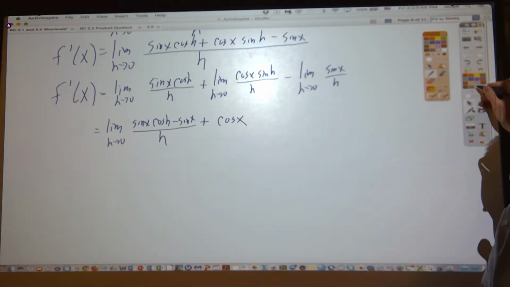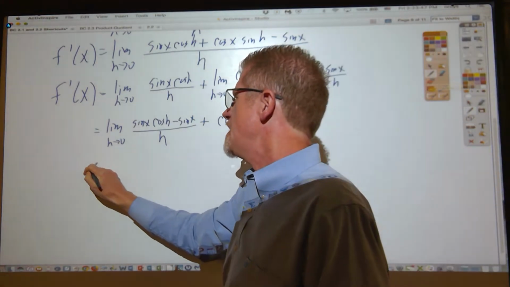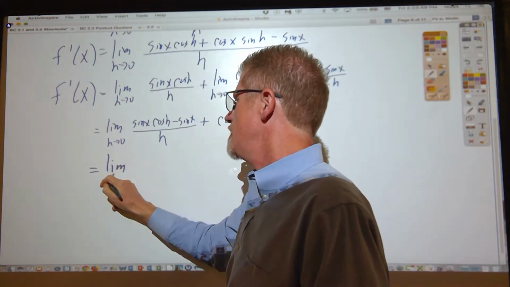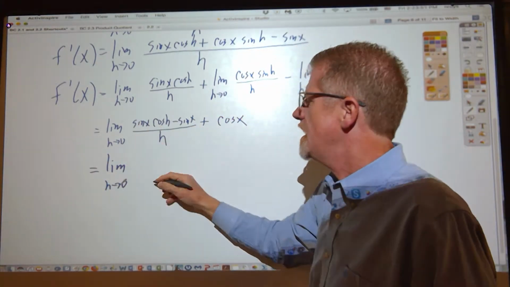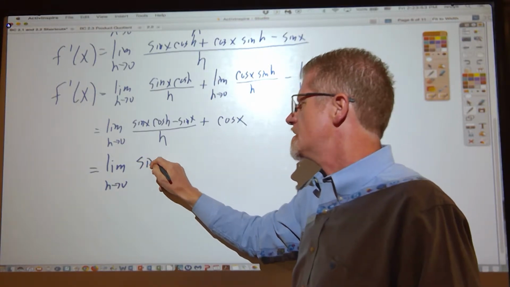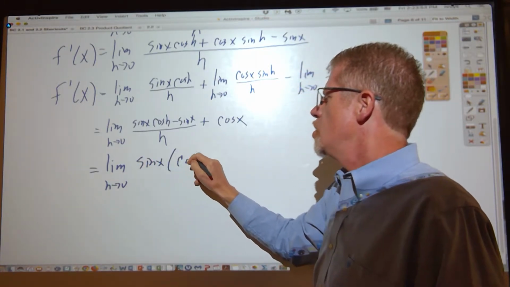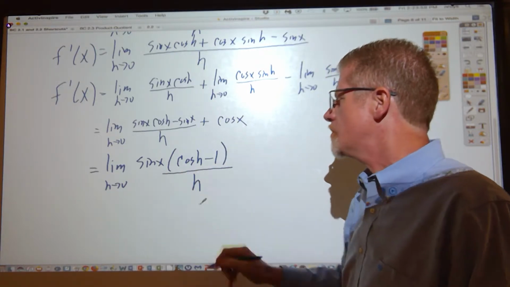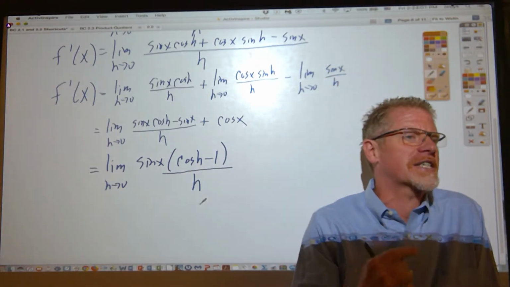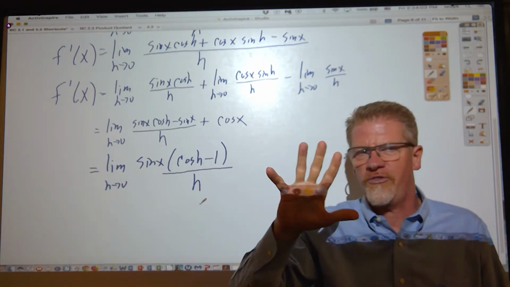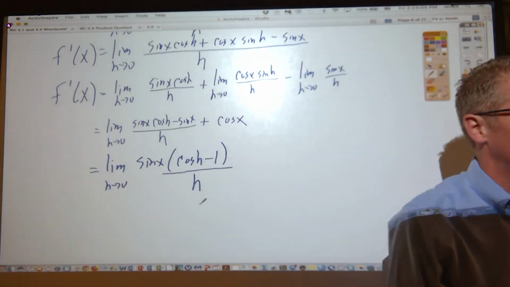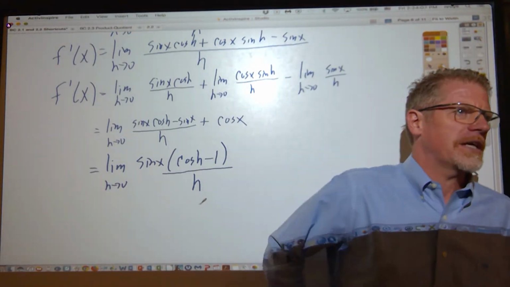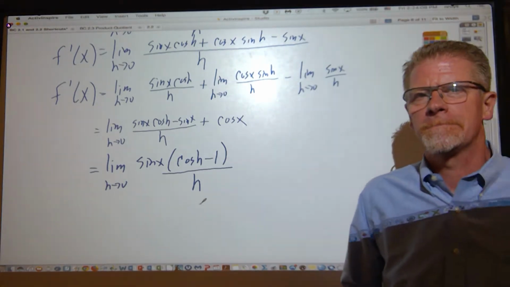Friends, look at what's going on here. If you factor a sine x out of the numerator, we get sine x times the quantity cosine h minus 1 all over h. It's quick sketch number 50. You've heard of Hawaii 50, maybe not. This is quick sketch 50.